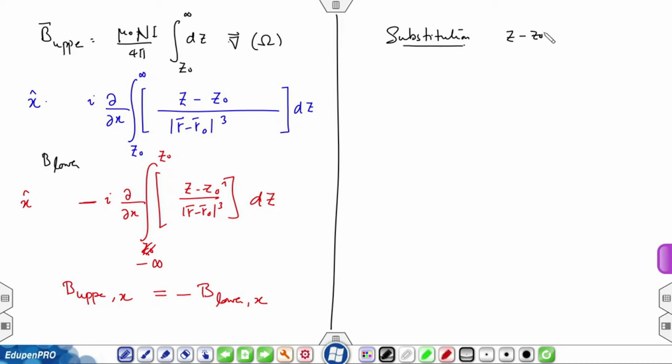Just do the substitution: z minus z0 equals y, and then take the derivative, and you will see that the two come out to be opposite to each other, therefore, they cancel. The same is true for the y component.